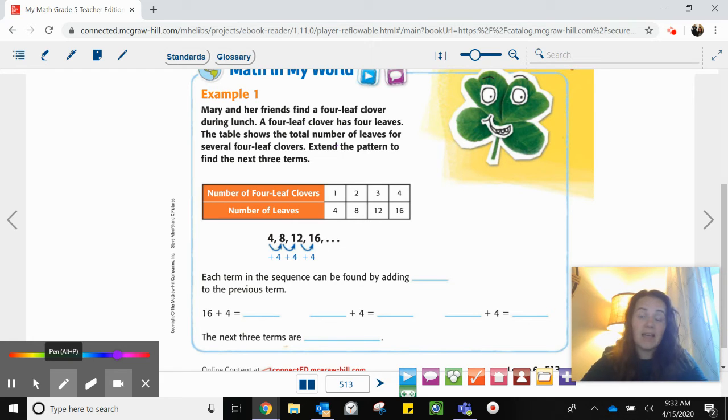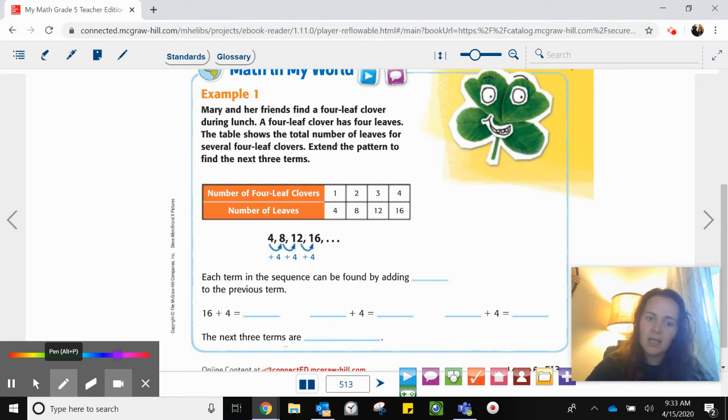Patterns often, in that first transition from one term to the next, might look like you have a rule. You could actually think you have 2 or 3 rules depending on what operation you're using, but you have to try each one to make sure that it works completely. What I mean is, 4 times 2 is 8, but 8 times 2 is not 12. Therefore, multiply by 2 is not the rule.